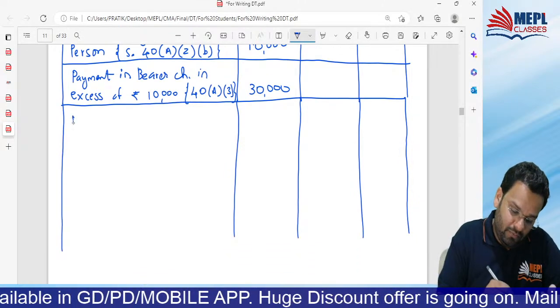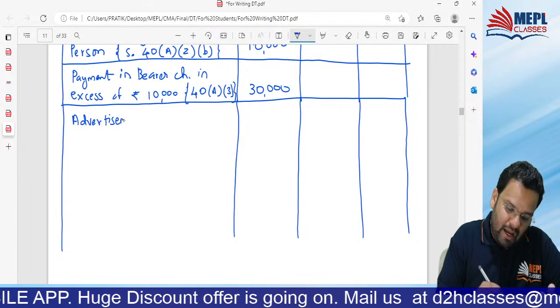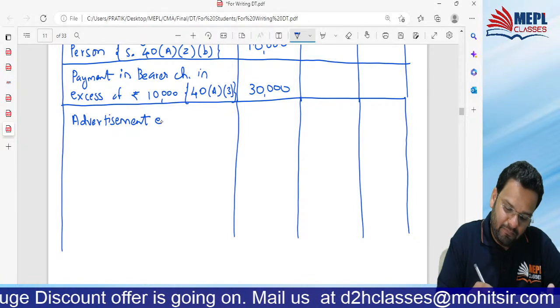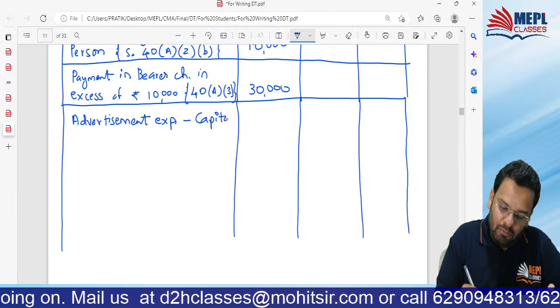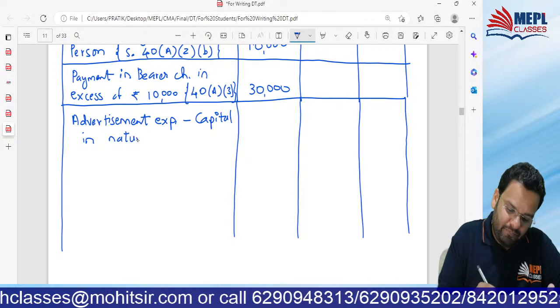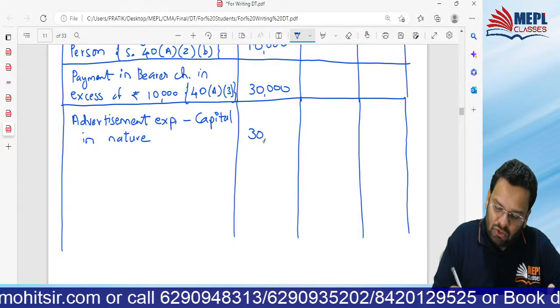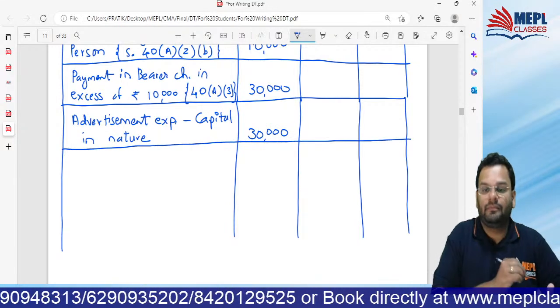Okay, so you're adding back advertisement expenses. Why are you adding back advertisement expenses? Because they are capital in nature, so they are disallowed. So please add back 30,000.